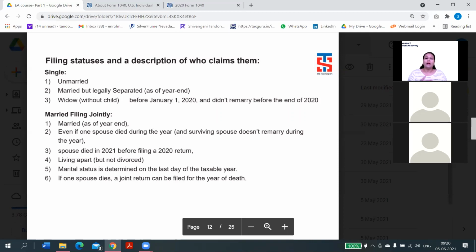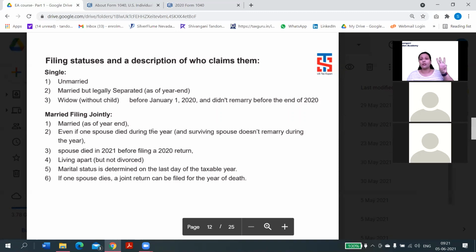Next, widow. Anybody who has been a widow for the entire year, from January 1st to December, who did not remarry, will get a filing status of single when they do not have any child associated with them.